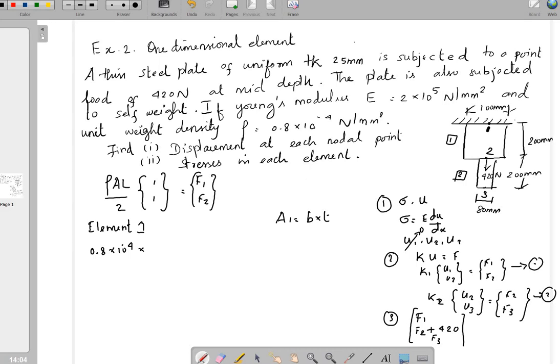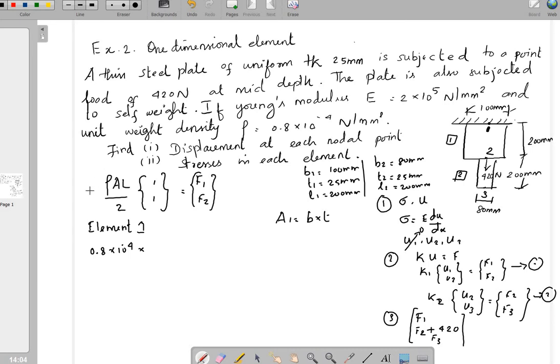For element 1, B1 is equal to 100 mm, the thickness T1 is specified as 25 mm, and L1 is specified as 200 mm. Similarly, for element 2, B2 is 80 mm, the bottom width, T2 is already specified as 25 mm, and L2 is the same 200 mm.